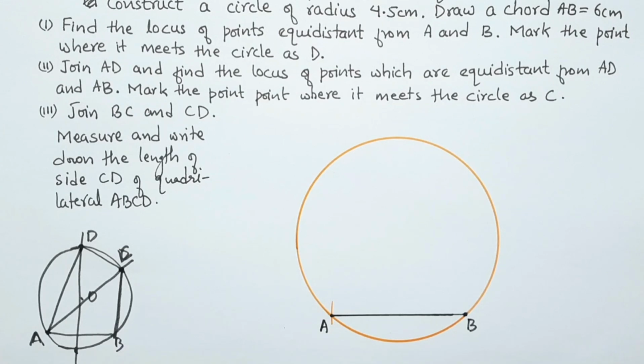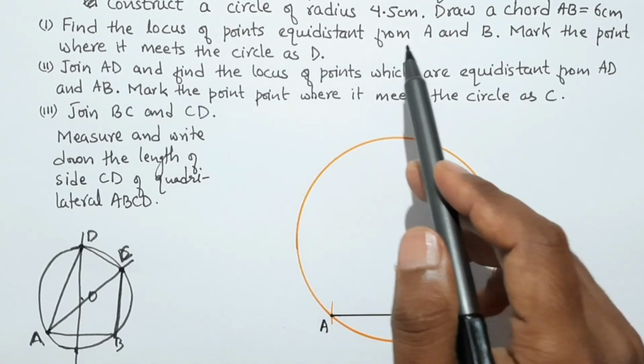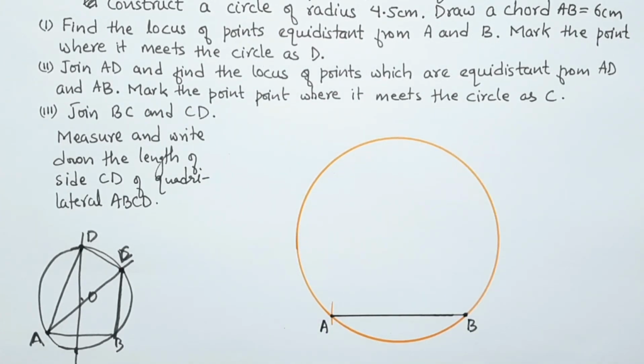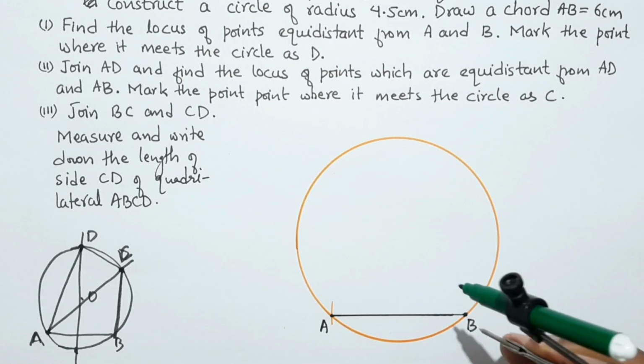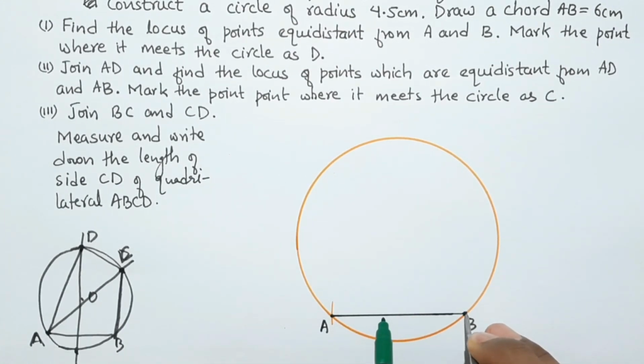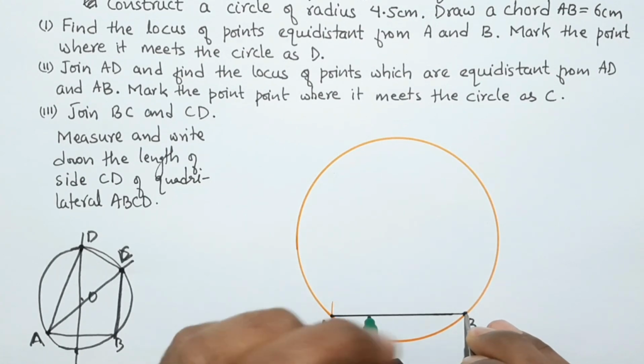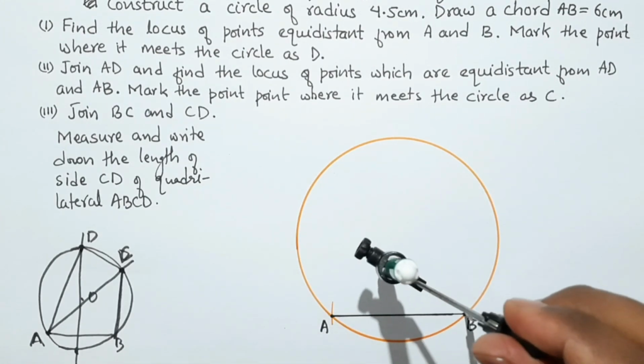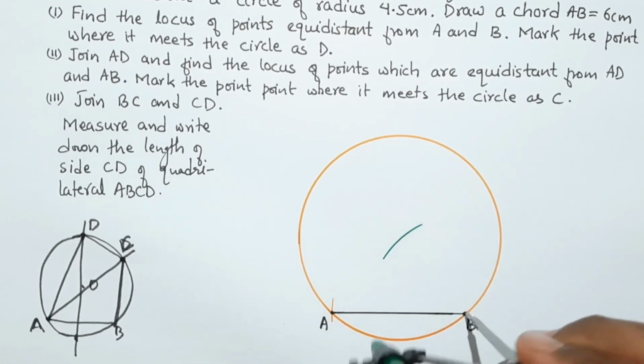Now next is find the locus of a point which is equidistant from A and B. That means we are going to draw a perpendicular bisector of line segment AB, or chord AB. We know how to construct a perpendicular bisector. Take the compass a little more than half of this line segment AB, one arc here and another arc here.